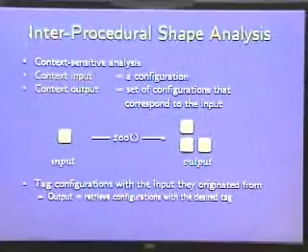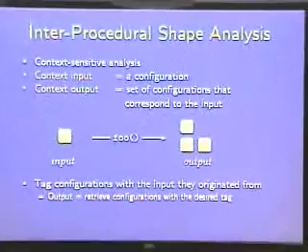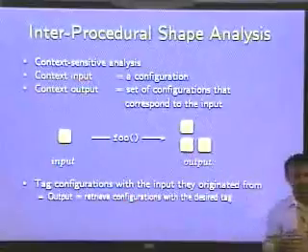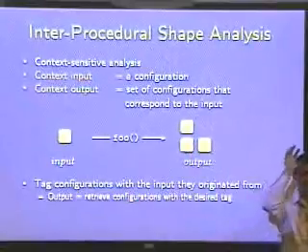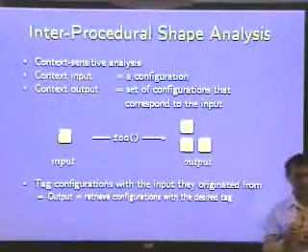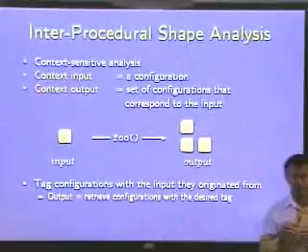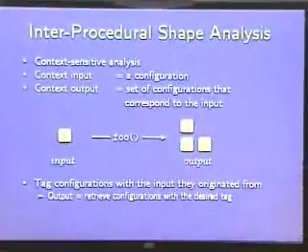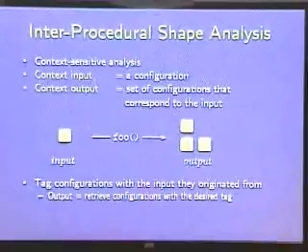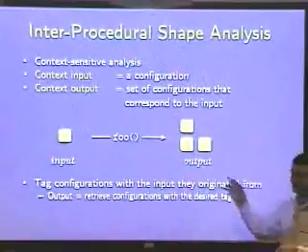And if you think of the graph structure that I showed you as the result for reverse, you can think of the output configurations being the ones that are reachable from the input configurations that you are concerned with. So it's more a graph reachability problem in that sense. However, you don't really need to keep track of that graph.